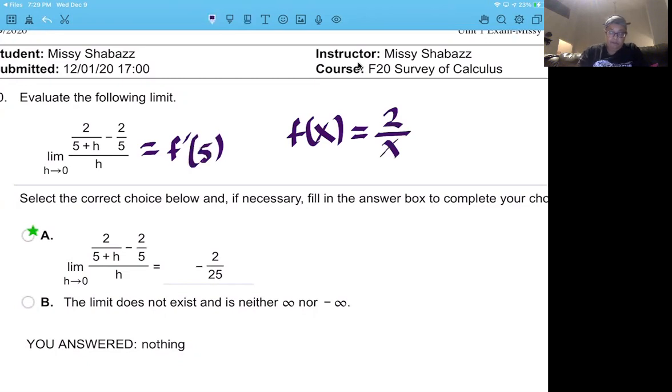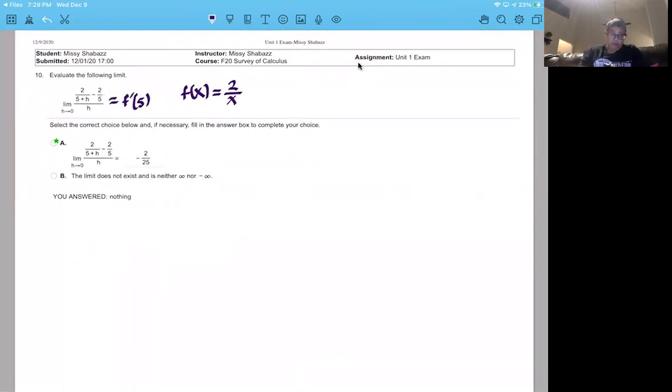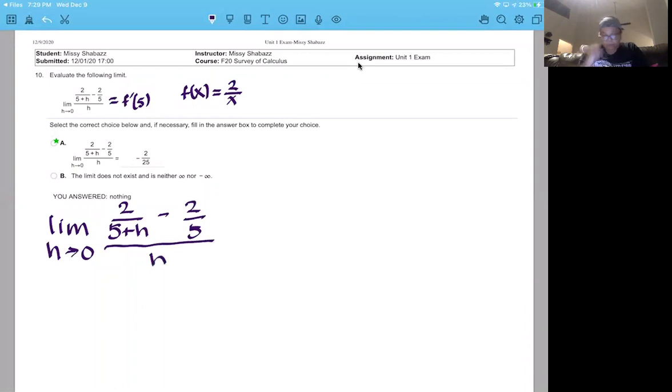F prime of 5. All right, so the limit as h goes to 0 of 2 over 5 plus h minus 2 over 5 over h.